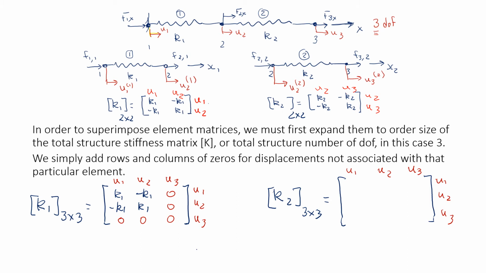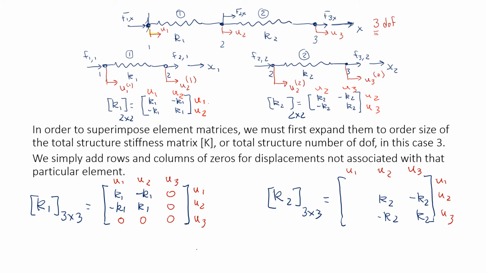Likewise, I'm going to do for K2. Now for K2, if you look at my matrix elements, I have in row 2, column 2, a K2 corresponding to U2, U2. Corresponding to U2, U3, I have a minus K2, and corresponding to U3, U2, we have a minus K2. Corresponding to U3, U3, I have a plus K2.